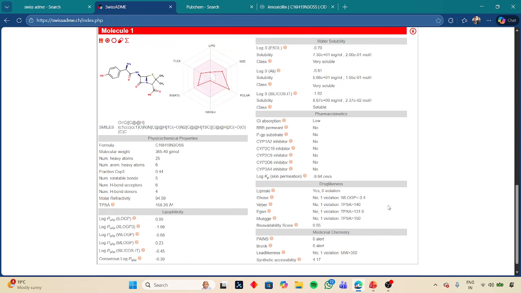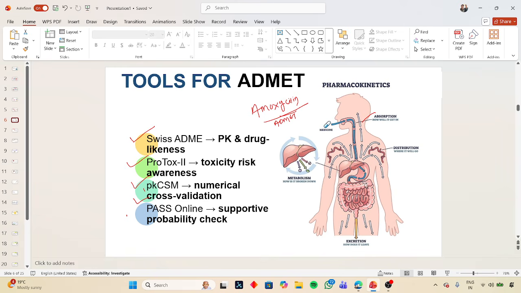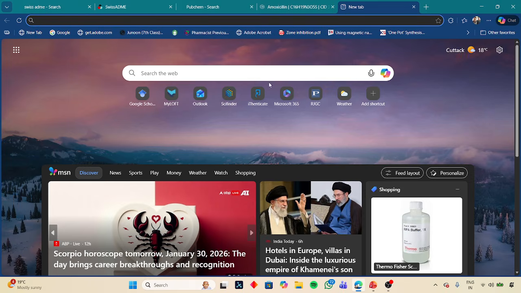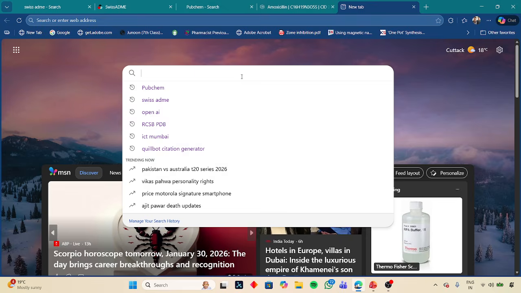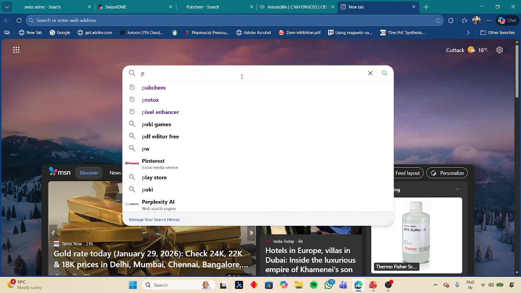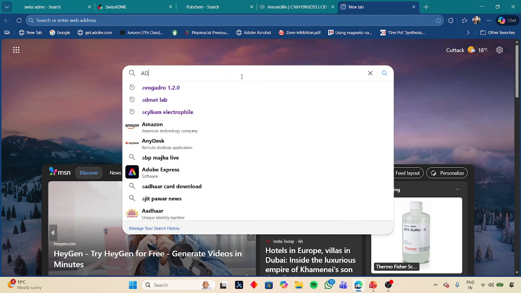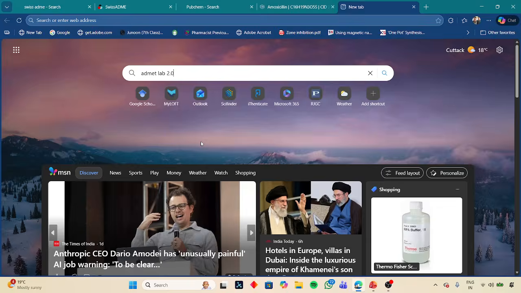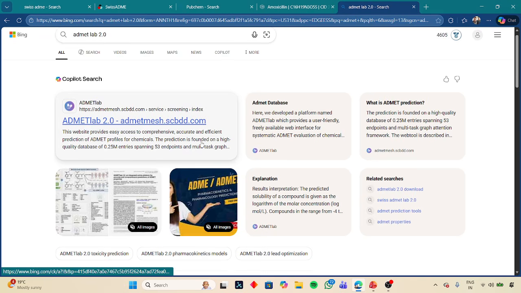So we have completed the ADMET process and the tools for ADME. We have learned about the ADME only here. For the toxicity profiling study, let's go to another software, that is pkCSM or ADMETlab. I will prefer ADMETlab 2.0.